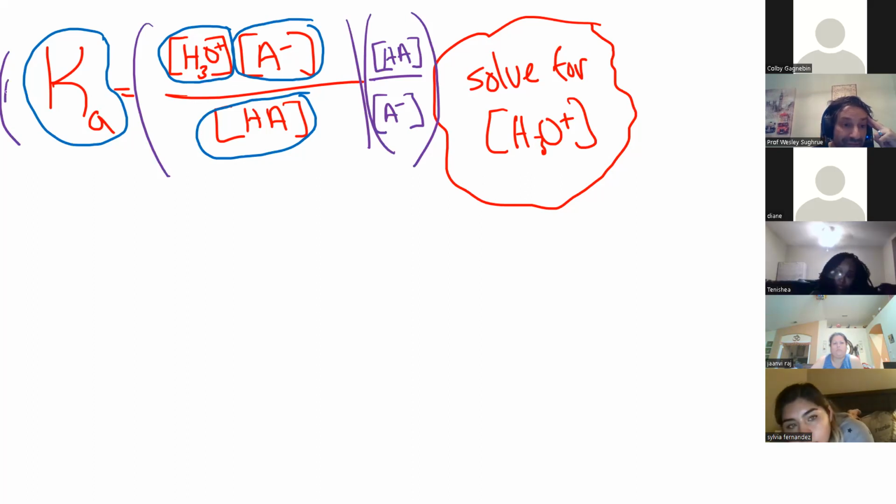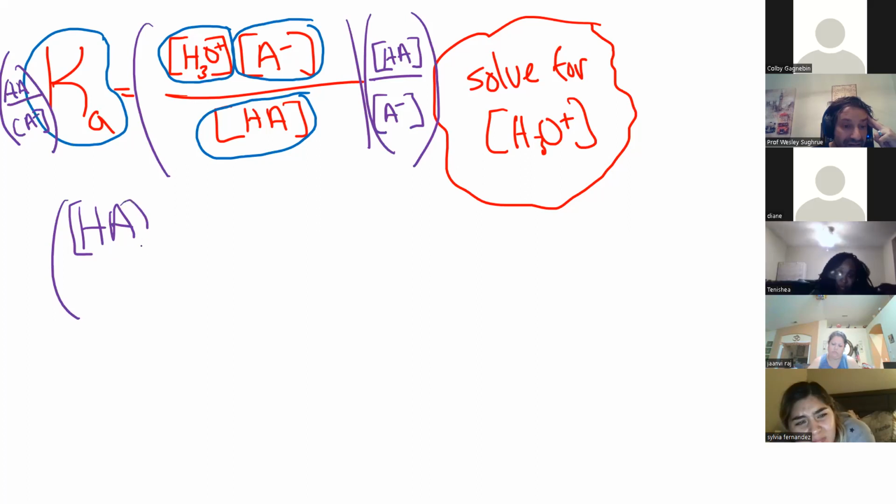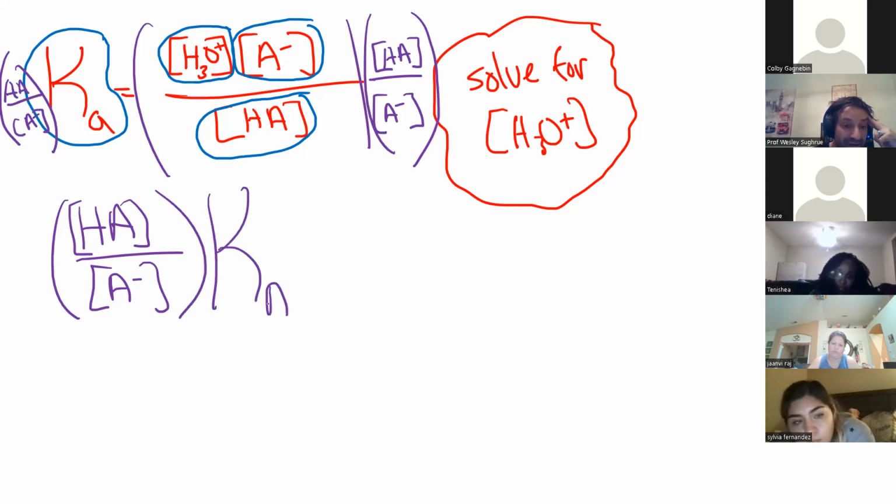So that means now both sides get multiplied by HA and both sides get divided by concentration of A minus, like so. And so we end up with concentration of HA over concentration of A minus multiplied by Ka is equal to concentration of H3O plus.